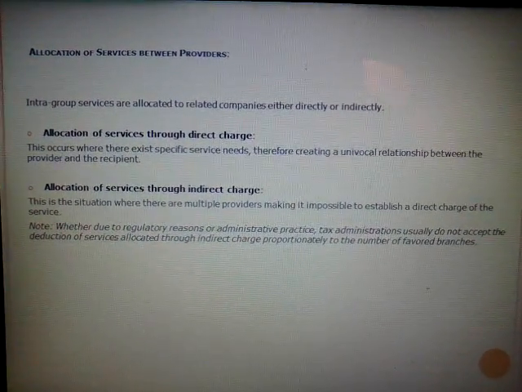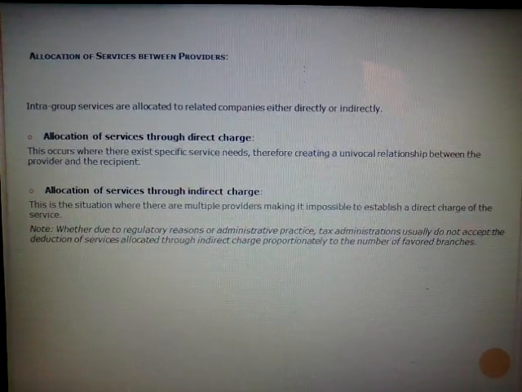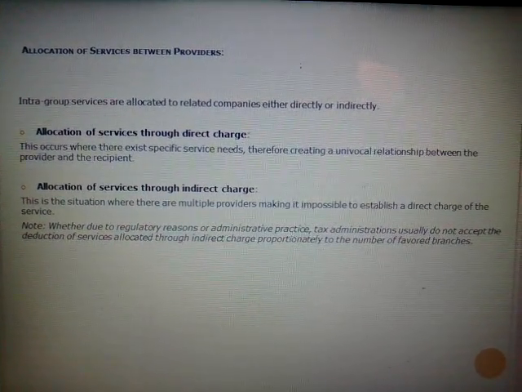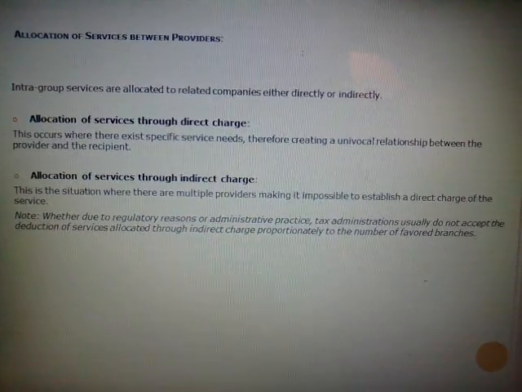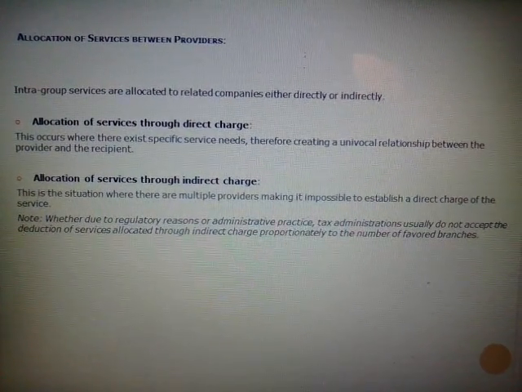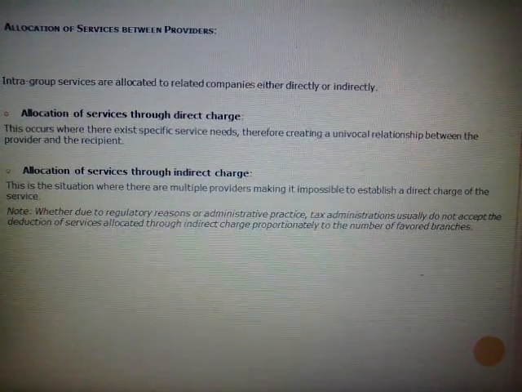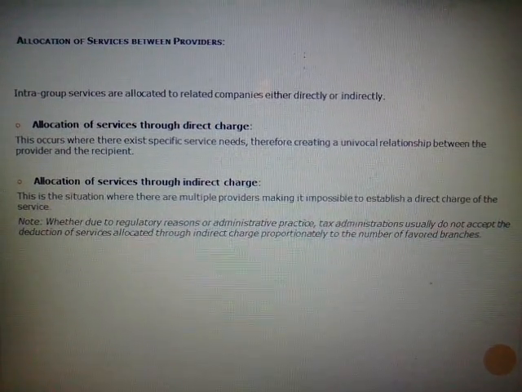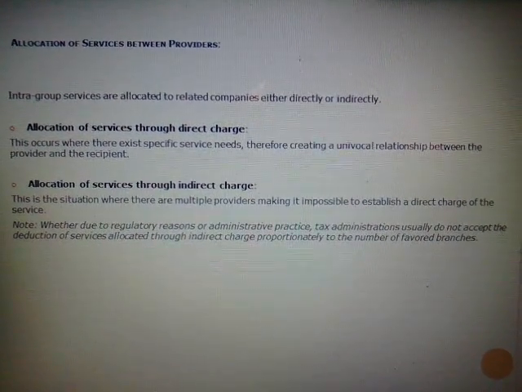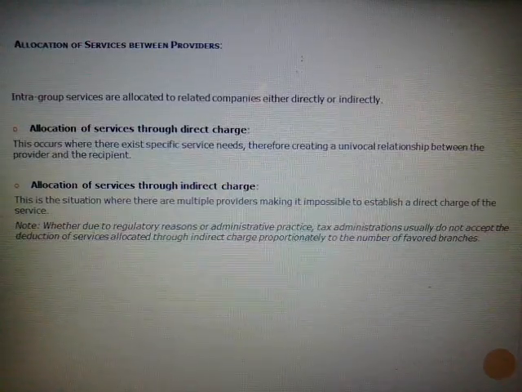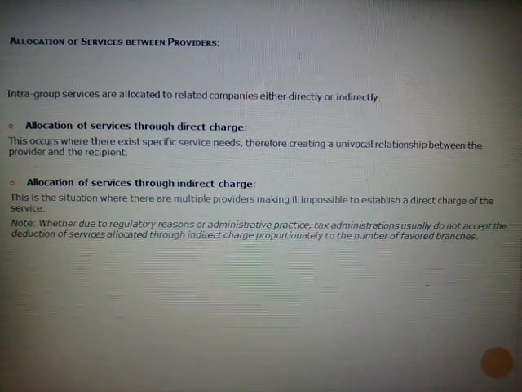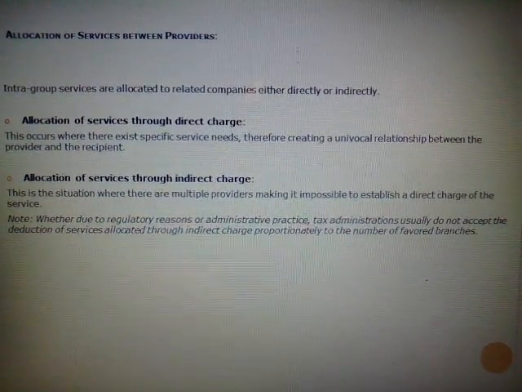Allocation of services between providers. Intra-group services are allocated to related companies either directly or indirectly. Allocation of services through direct charge. This occurs where there exist specific service needs, therefore creating a univocal relationship between the provider and the recipient. Allocation of services through indirect charge.